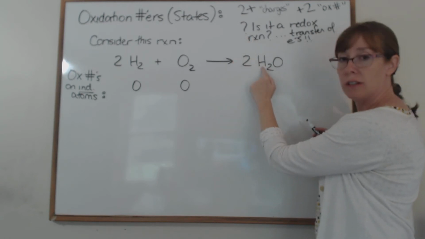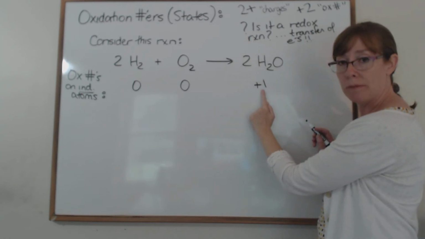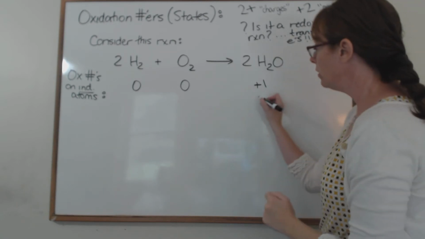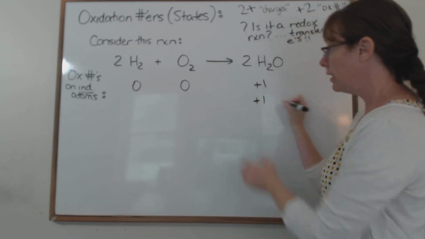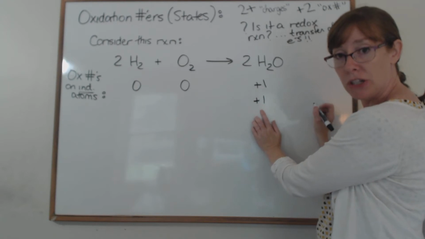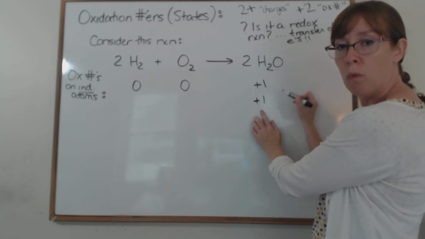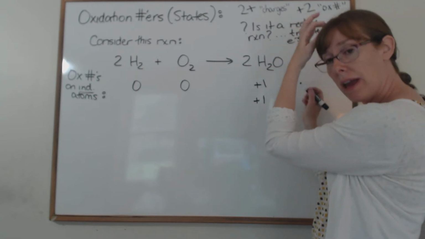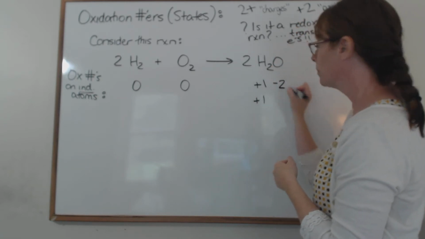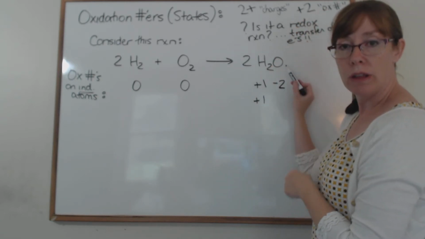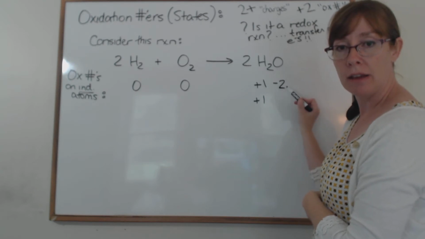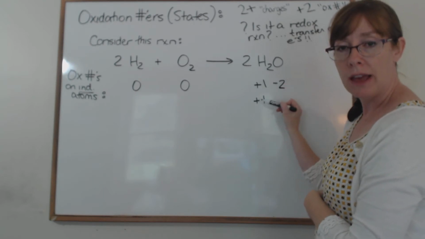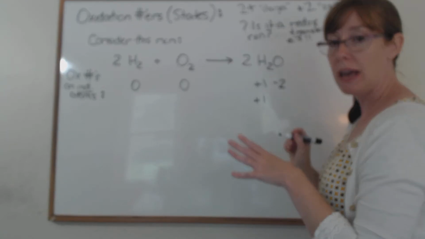There are 2 hydrogens. They each have a +1. If you want to, you could record both of them, as long as you erase that later. But there are 2 hydrogens and they both have a +1. What will oxygen have to be so that they all add up to 0? It would be a -2. That's what its oxidation number must be so that all the oxidation numbers add up to 0.